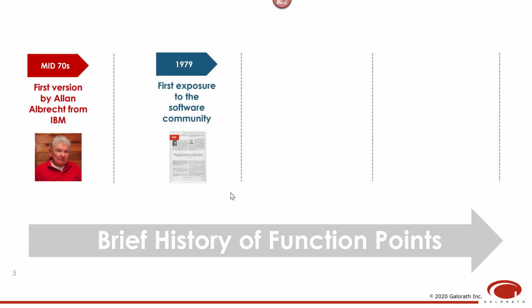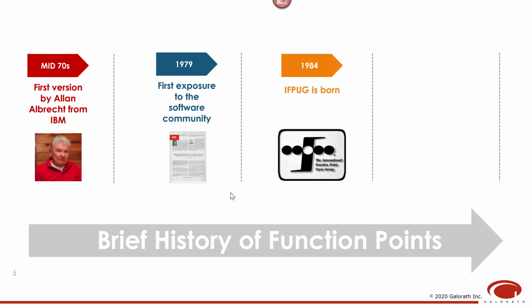A bit later, in 1979, Mr. Albrecht published his paper titled Measuring Application Development Productivity at a software conference in California, and this was the first exposure of function points to the international software community. In 1984, the International Function Points Users Group was born.